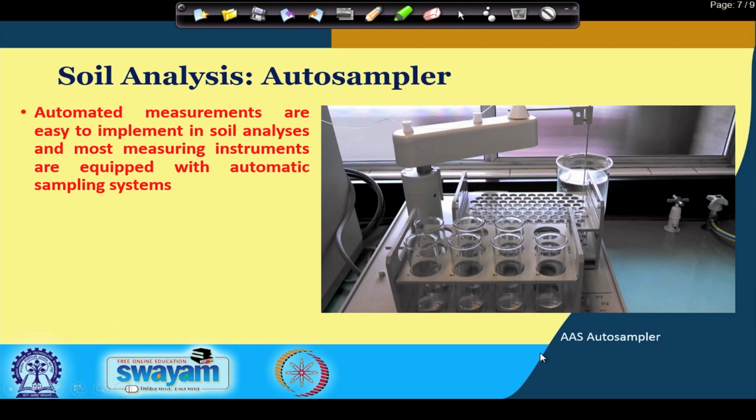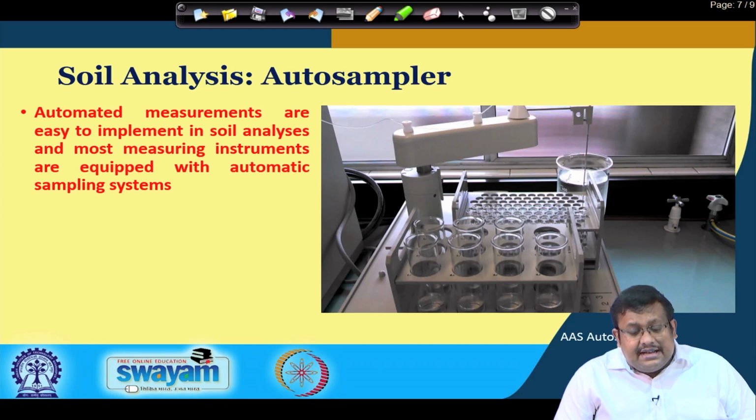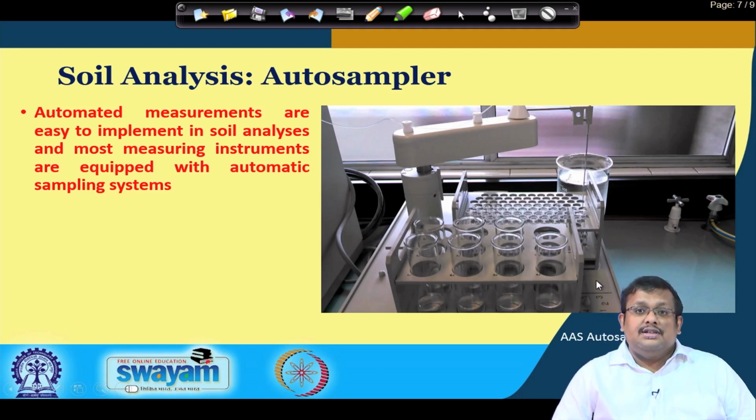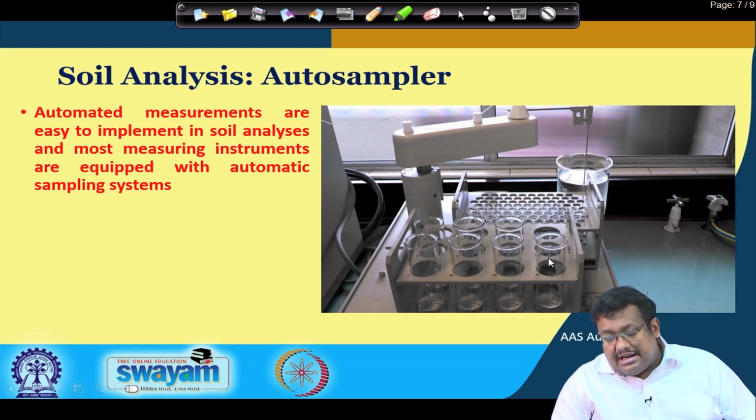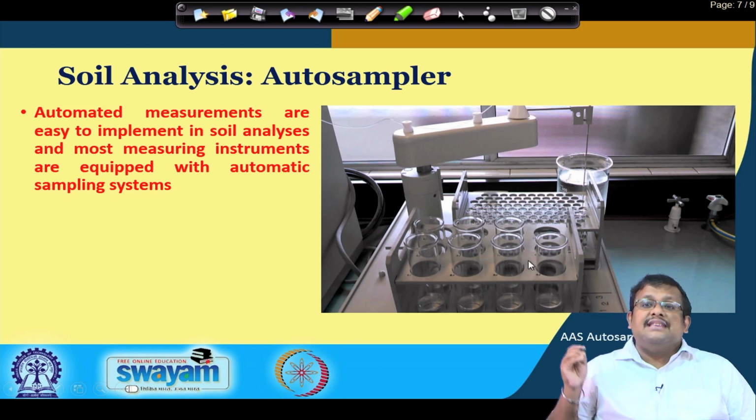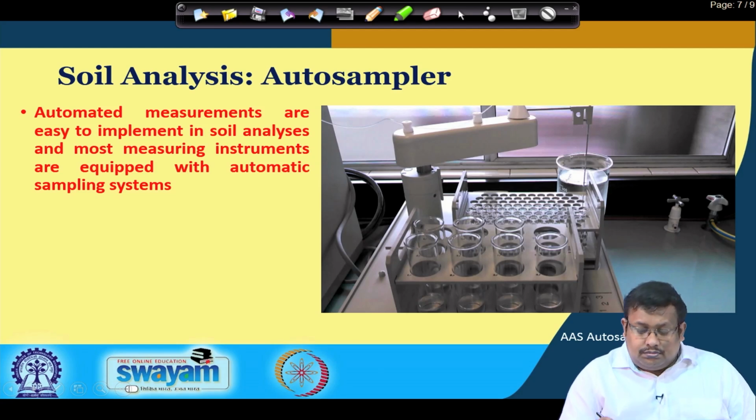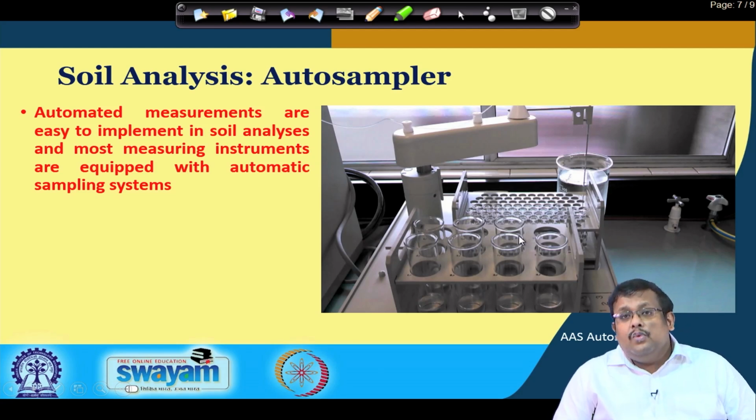Now, apart from these instruments, there is an attachment called an auto sampler. This auto sampler is basically an attachment for automated measurements. Automated measurements are easy to implement in soil analysis nowadays, and most measuring instruments are equipped with an automatic sampling system. As you can see here, it is an auto sampler of an atomic absorption spectrophotometer, which can automate the sample analysis without substantial human intervention.